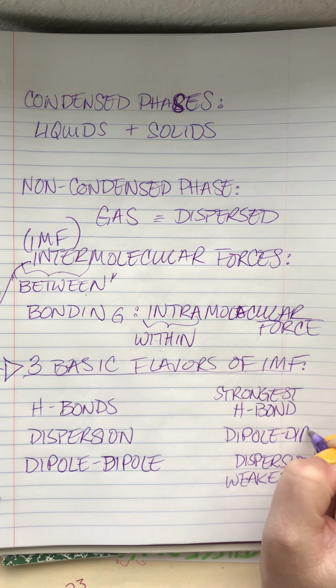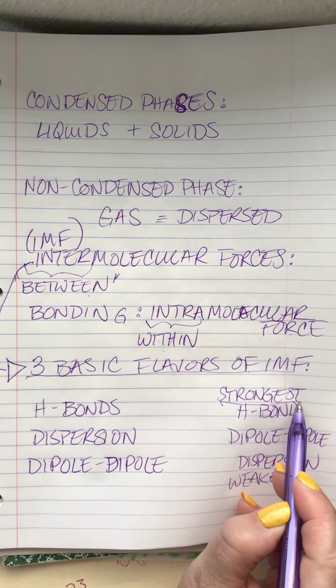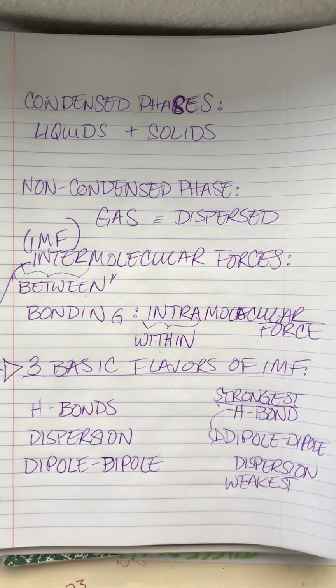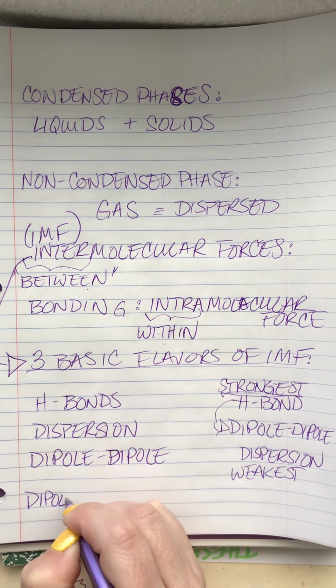Now, strictly speaking, H bonds are just a type of dipole. They're just the strongest type of dipole. So let's talk about what this word means.